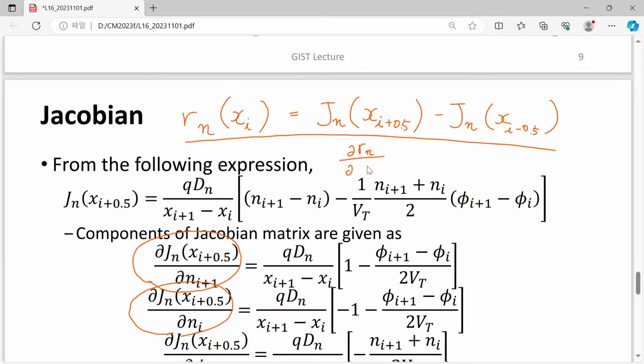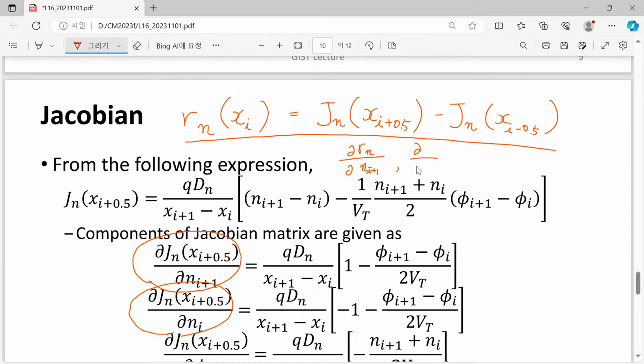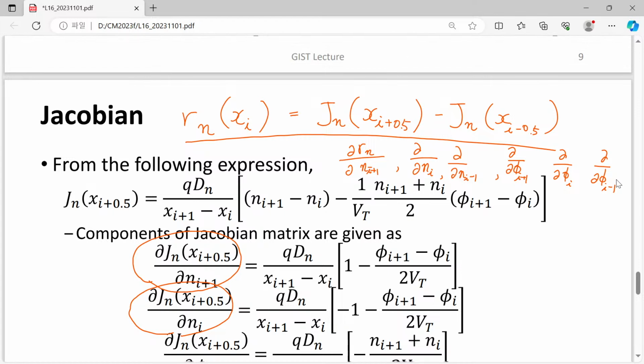Your solution variables should be like this: n I plus 1, also n I, also n I minus 1, also phi I plus 1, phi I, phi I minus 1. You have to make the partial derivative of your residue function with respect to all three electron densities and all three electrostatic potentials. Okay, are you with me?